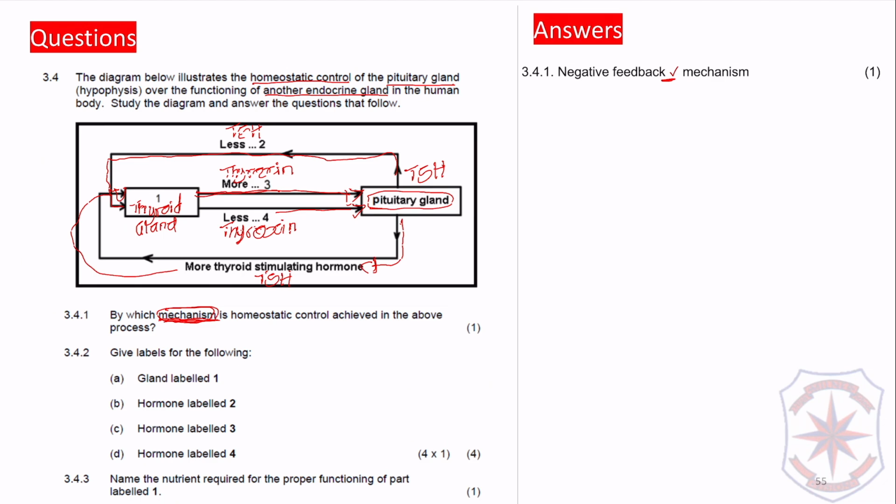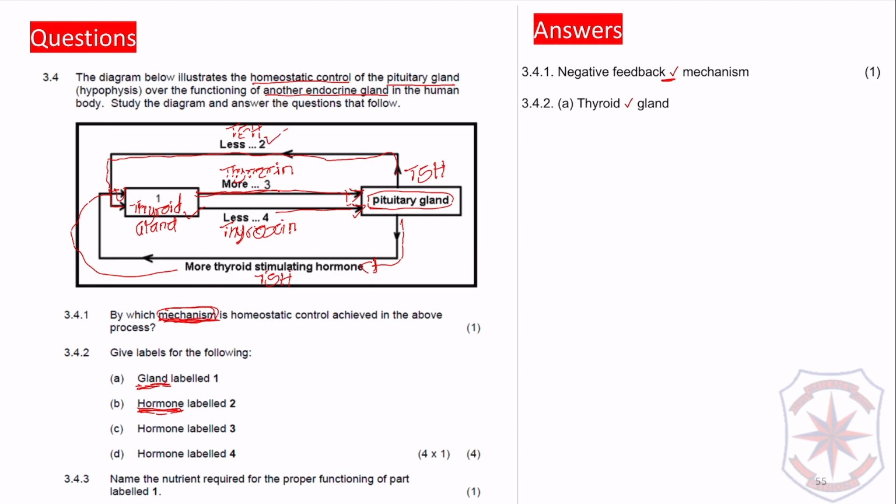Question 3.4.2, give labels for the gland numbered 1. Gland. Your answer must be a gland, guys, not a hormone. The clue is there in the question. Gland. And we've already said that is the thyroid gland. And then sub-question B, hormone numbered 2.